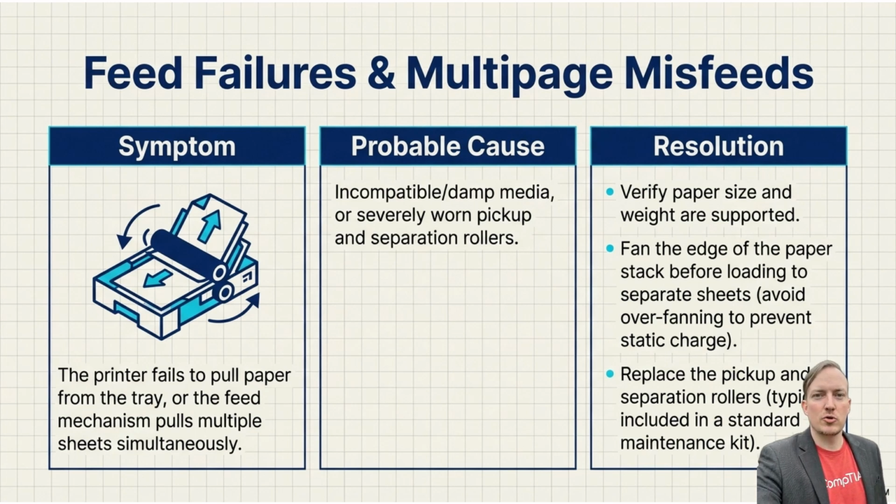The cause is usually incompatible or damp media, or severely worn pickup and separation rollers. Resolve this by verifying the paper size and weight are supported. Fan the edge of the paper stack before loading to separate sheets, but don't overfan or you'll create static. If it persists, replace the pickup and separation rollers, which are typically included in a standard maintenance kit.